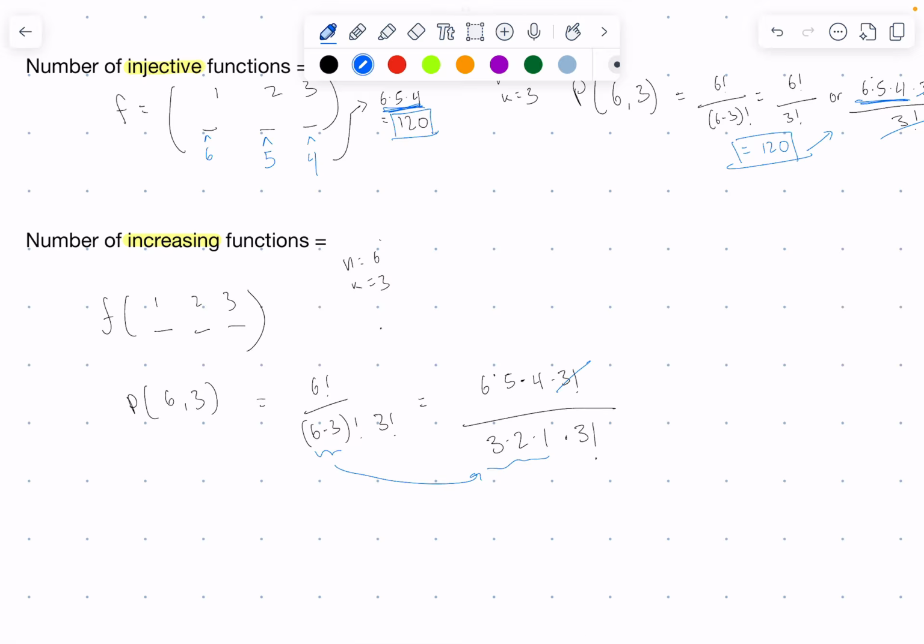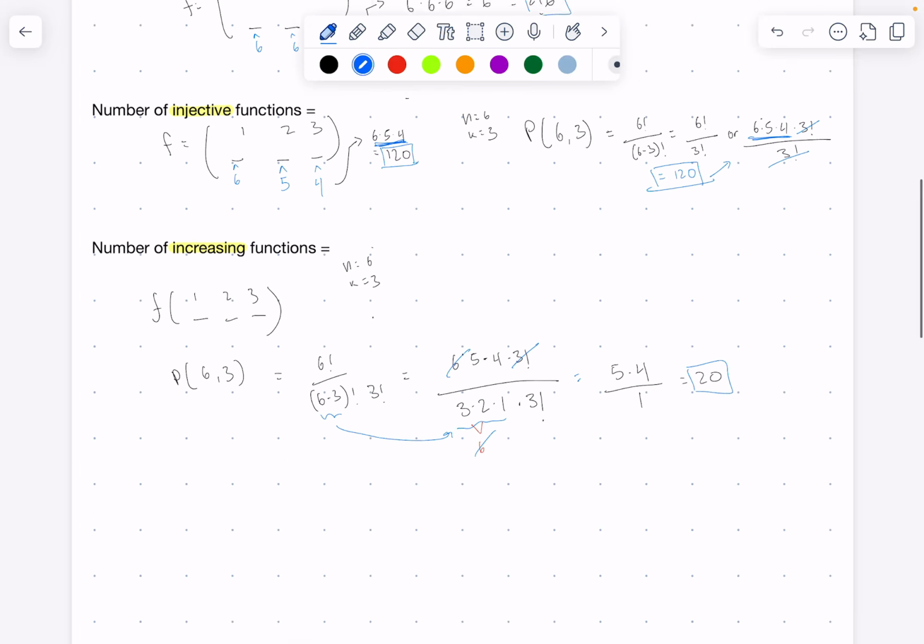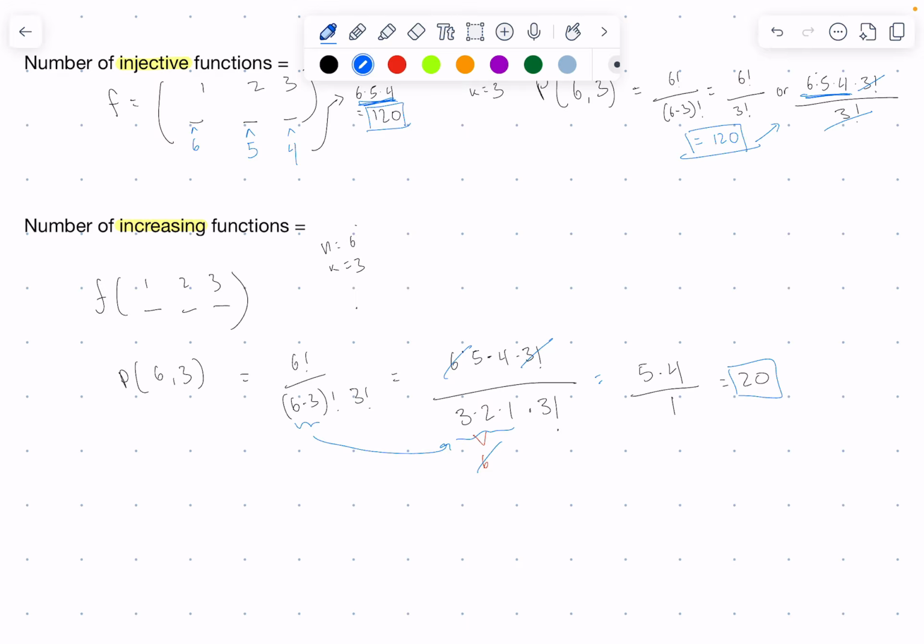Simplifying, we have 3 factorial over 3 factorial, which cancels out. Then we also have 3 times 2, which equals 6. We can cancel out that 6 and 6, which means we're left with 5 times 4, which equals 20. Awesome. And so we have 20 increasing functions.